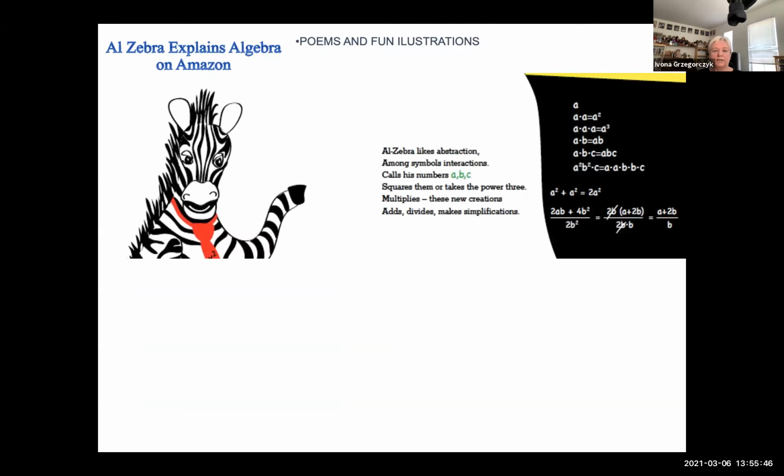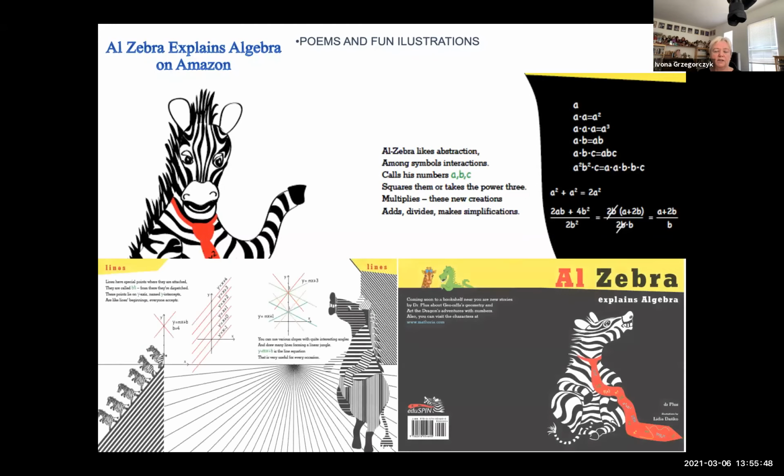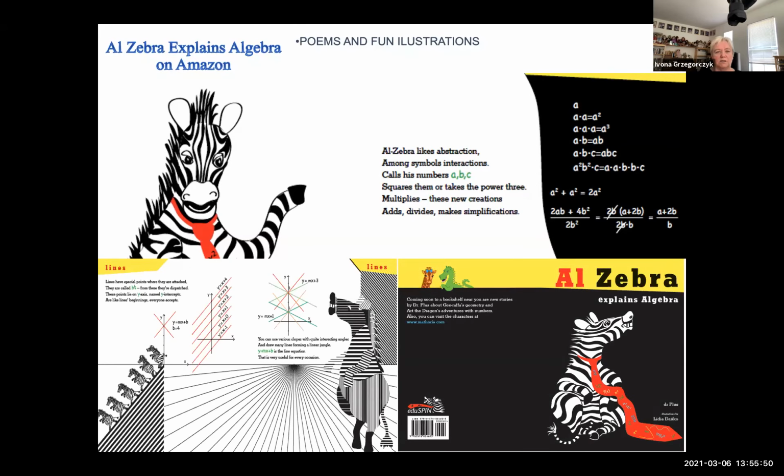I just want to tell you that at the University Channel Islands, we have an associated group that deals with gaming and other funny materials. So if you go to Amazon, you may look for a set of poems about algebra. Okay, and it's very nicely illustrated.